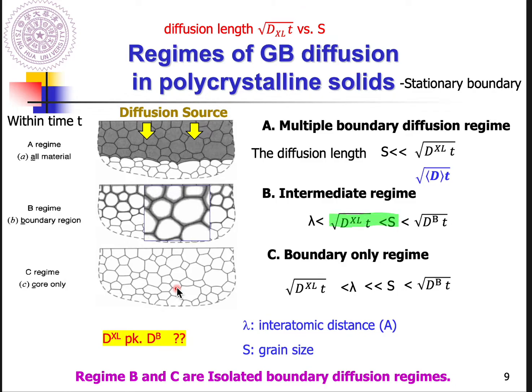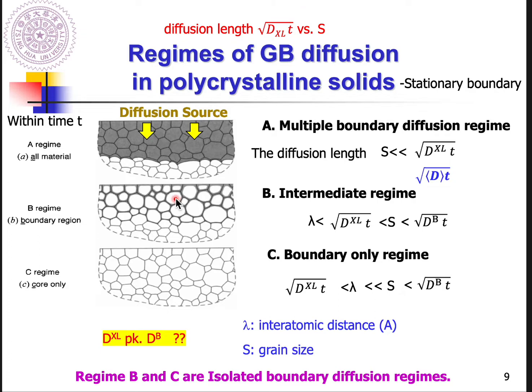As we mentioned, region B and region C, some people also call an isolated boundary diffusion region. That means the diffusion mainly focuses along the grain boundary.